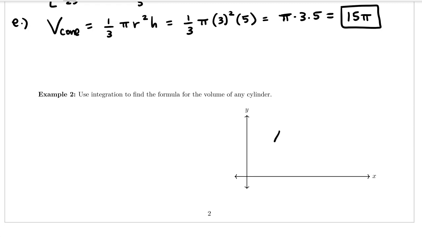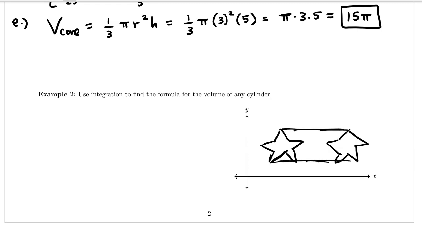So suppose that I wanted my base to be a star, and I have another star here. My drawing is really bad, but pretend that they're the same size, shape, and orientation, and I'm now connecting all of these, and so it forms a cylinder.